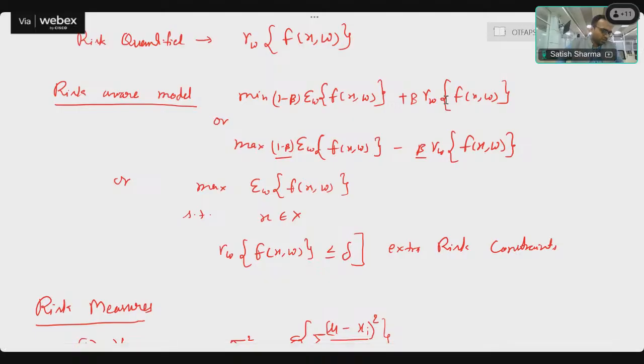But one thing we have to make sure of: one risk measure is shortfall probability, and that probability is not a function like profit. So we have to normalize these different objectives sometimes.